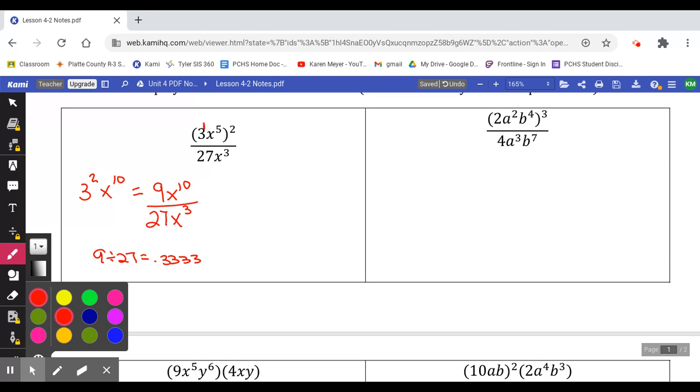If you have a decimal, we want you to keep that answer as a fraction. So on your calculator, divide that out to a fraction, or use your fraction key to start with and do 9 fraction 27, and it'll automatically leave it as a fraction. But hopefully everybody says that that is 1/3.